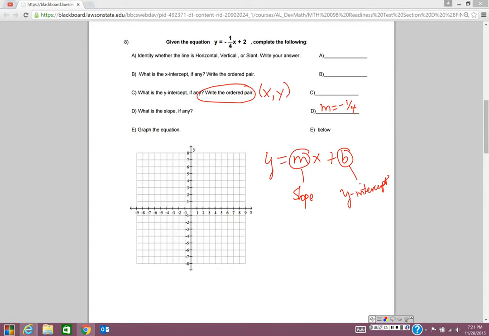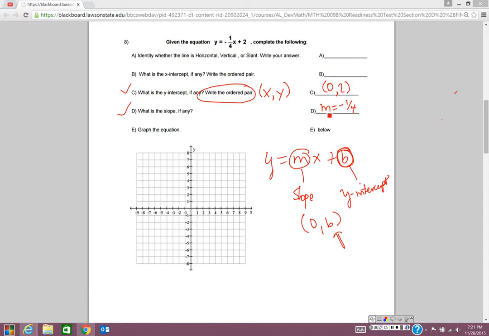My y-intercept, the b, would go where the y is, and 0 would be your x. So this would be 0, 2. So already I know C and D, and I only have to figure out where A, B, and E are, and we're done. So we're almost done with this problem.